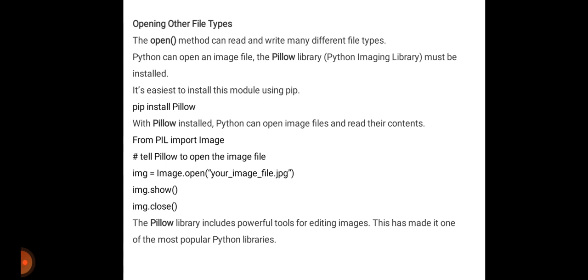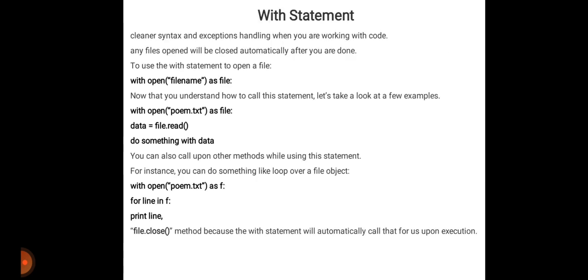Then how does the with statement work? You can also work with file objects using the with statement. It is designed to provide much cleaner syntax and exception handling when you are working with code.